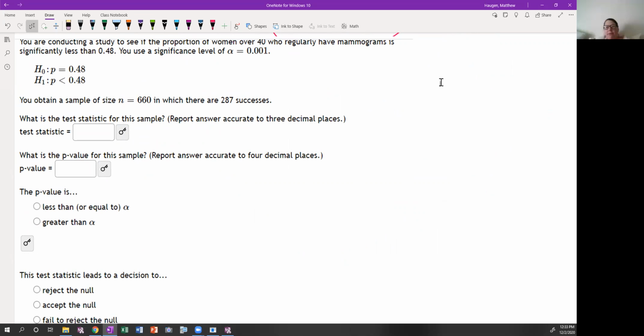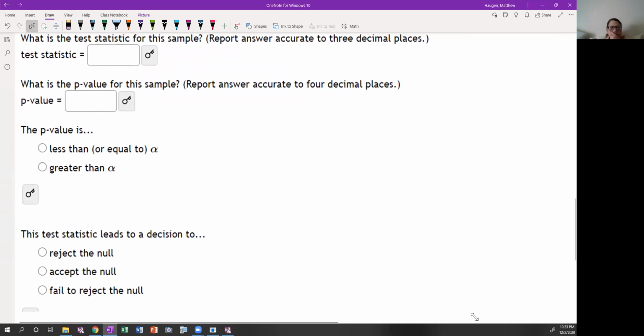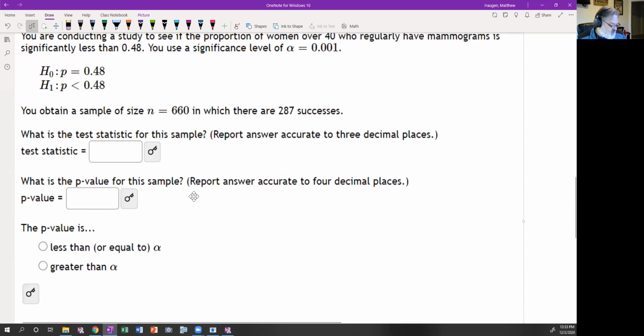Can you make that bigger, please? Oh, I tried to make it bigger. Just recognize that the decision at the bottom is going to be the end of that.